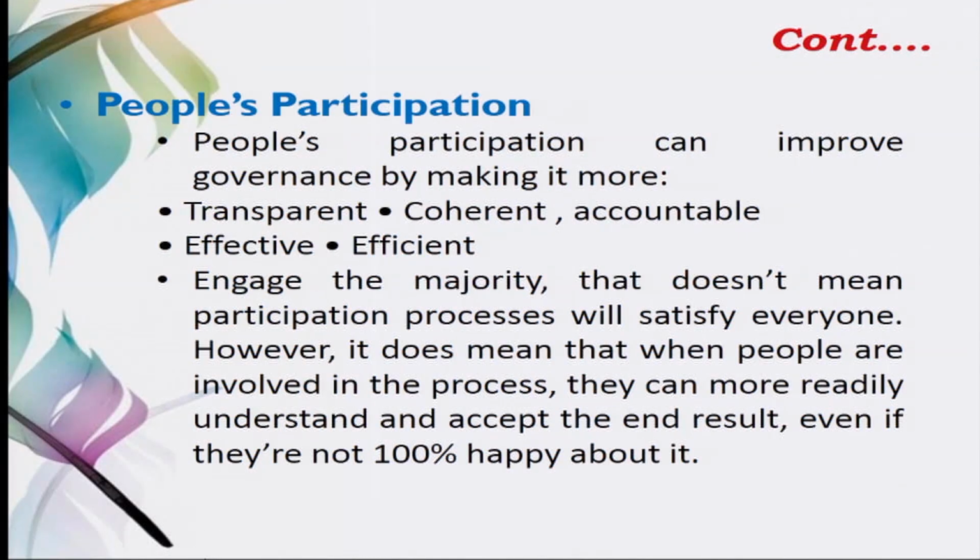Engaging the majority does not mean the participation process will satisfy everyone. However, when people are involved in the process, they can more readily understand and accept the end result, even if they are not 100% happy about it.